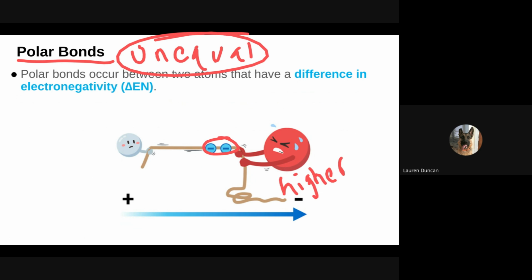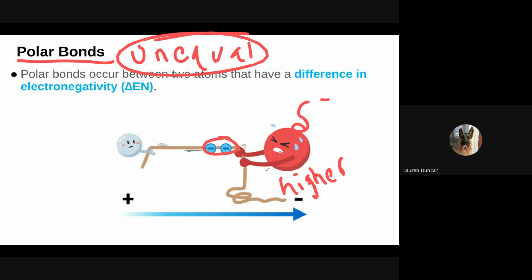It's not really gaining them though, so we won't say it's a full-on negative charge. We'll say it's a partial charge. So in a polar bond between two nonmetals, you don't get full positive and negative ends of the bonds. You get partial charges because the electrons in the bond are not being truly lost or gained. They're just being shared unequally.